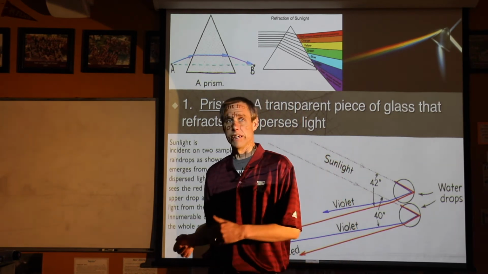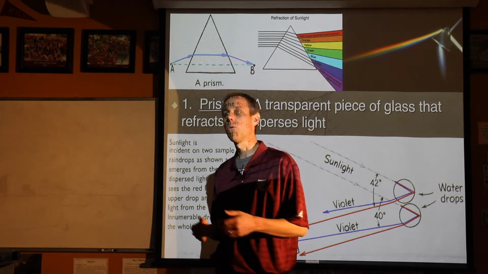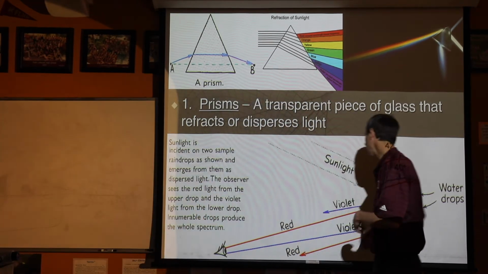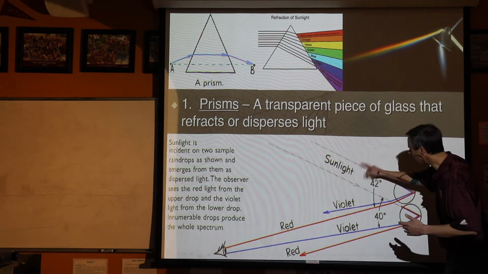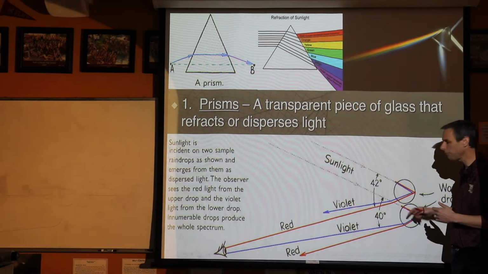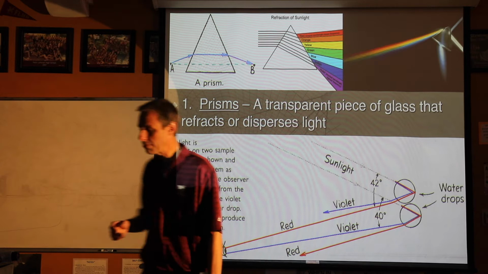Some wavelengths get snagged more than others. Some frequencies do more bumping than others, and that turns them harder. As this violet light is going up and down with a high frequency, it's going to get turned harder. And so the colors separate.